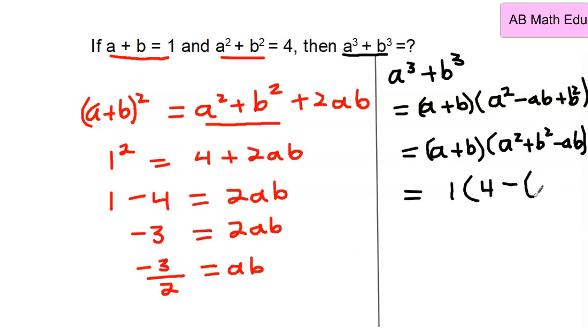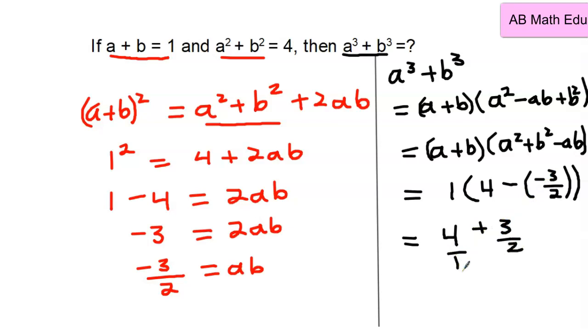So minus -3/2. That will give us 1 times any number is going to be the same number, so the 1 goes away. Negative times negative becomes positive.